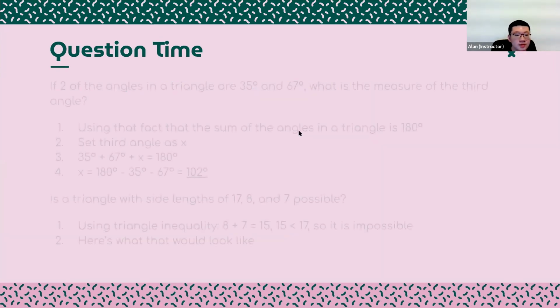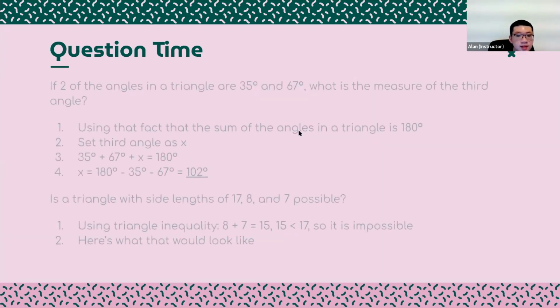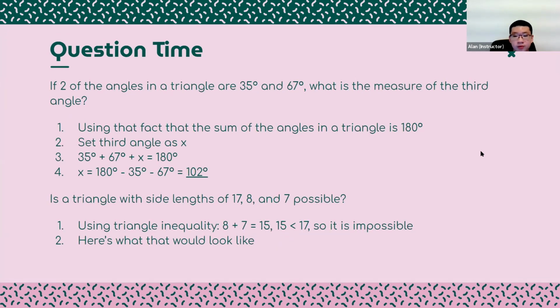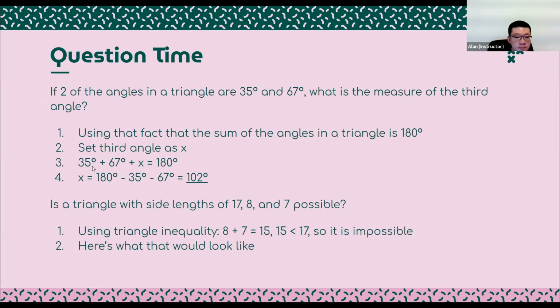The answer to the first question is that since we know the sum of the angles in a triangle is always 180 degrees, you can set the third angle as x. So 35 degrees plus 67 degrees plus x must equal 180 degrees.